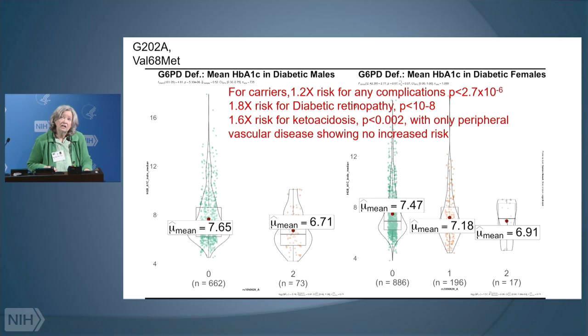So here's an example of polymorphism that has nothing intrinsically to do with diabetes. It affects this measurement of glycated hemoglobin that is a relatively inexpensive and effective assay.